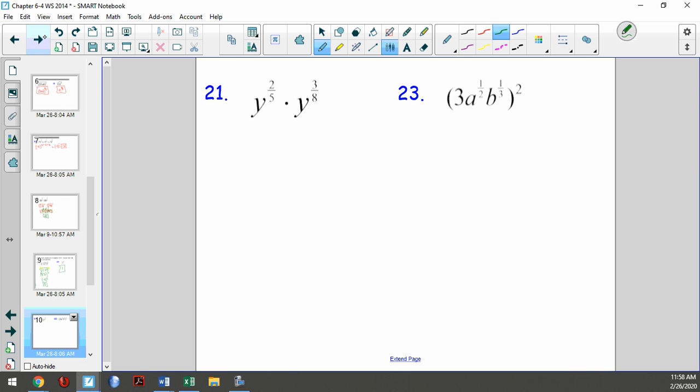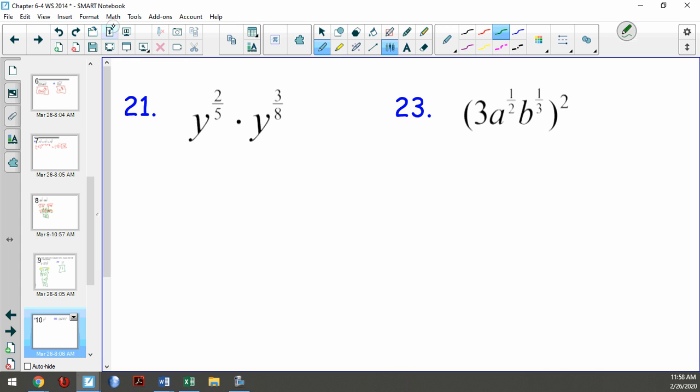Number 21. You are going to add them. So this is y to the 2/5 plus 3/8. What's the common denominator between 5 and 8? 40. What are you going to multiply 5 by to get 40? 8.